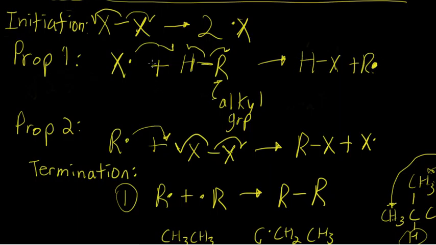So it's the halogen atom that does the abstracting. What happens if we change the halogen used in the reaction? We so far only dealt with chlorine as the halogen, but what if we were to use, say, fluorine or bromine or iodine? Well, this is what we're going to take a look at in the next video.